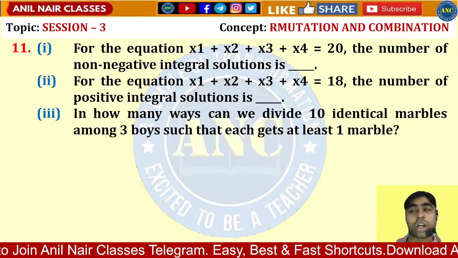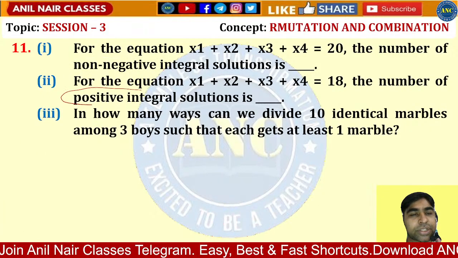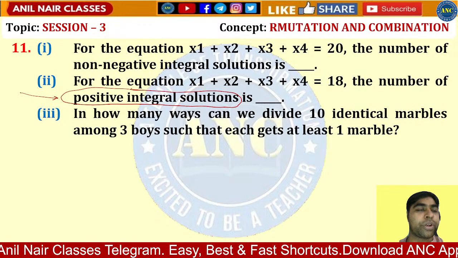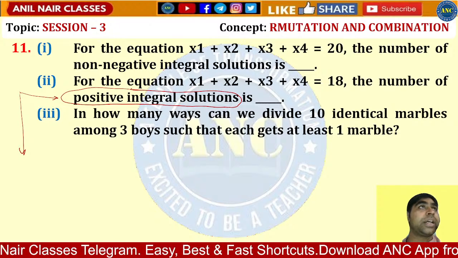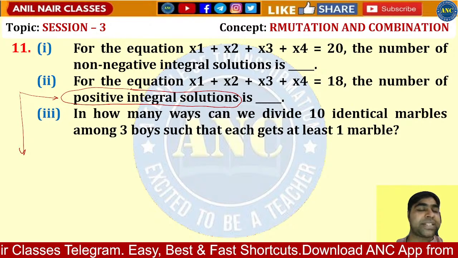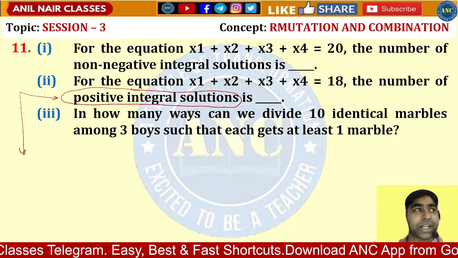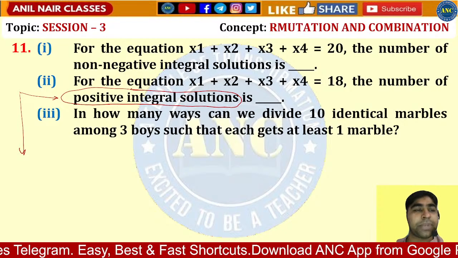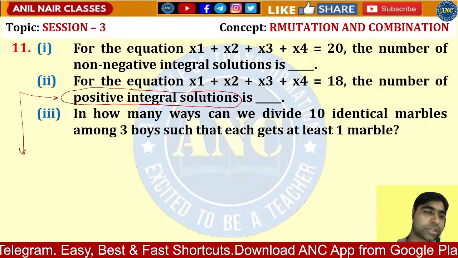Now, to solve positive integral solutions. What do we mean by positive integral solutions? I mean that the number of items a particular one can keep being 0 is not allowed. So that means what?